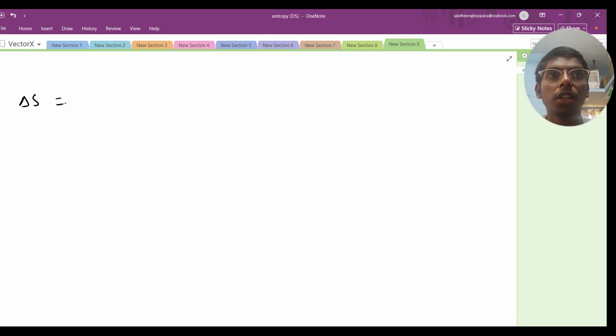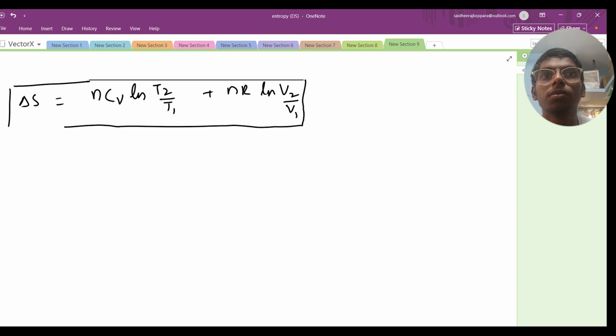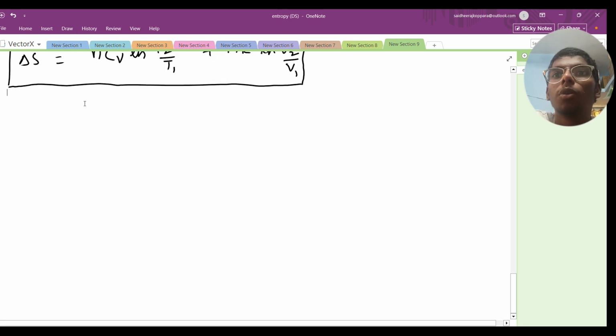If you integrate the dS, you get S2 minus S1, which is delta S. Then you get nCv ln T2 by T1 plus nR ln V2 by V1. This is the formula of entropy of a system, right?